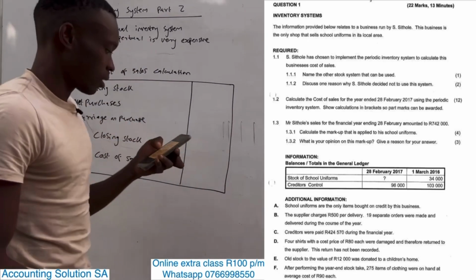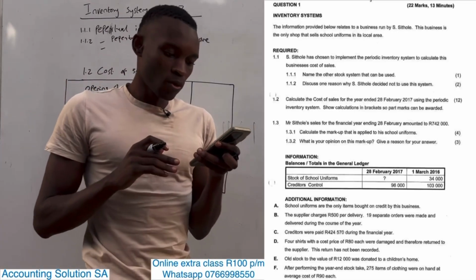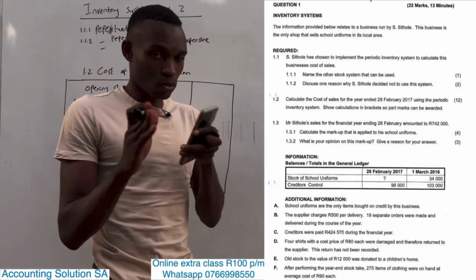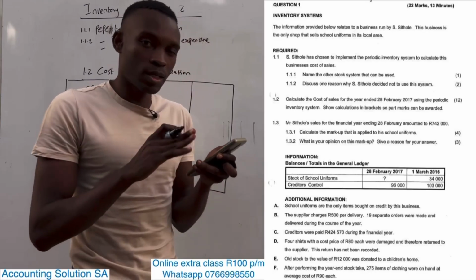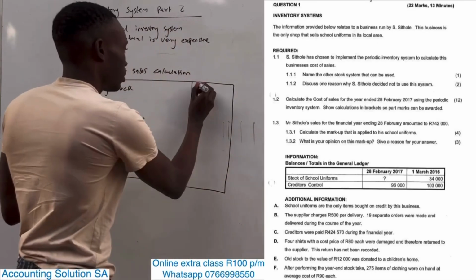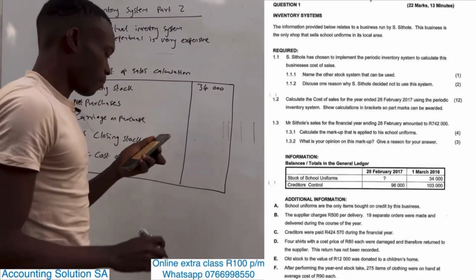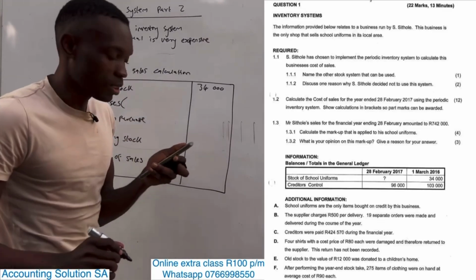Now let's check the information that we are given. They give us stock of uniforms on 1 March 2016, which is opening stock. For 28 February 2017, they didn't give us closing stock. We have to calculate it. Opening balance, we have it, we don't have to worry about this one, 34,000. And for the purchases, we have to open a bracket because we are going to do some calculations.